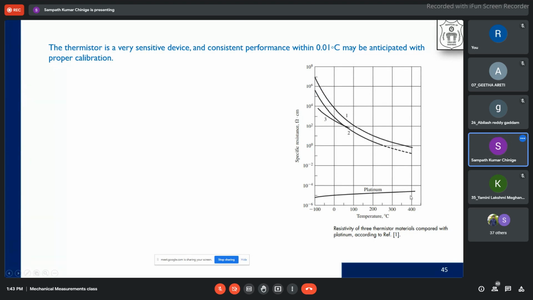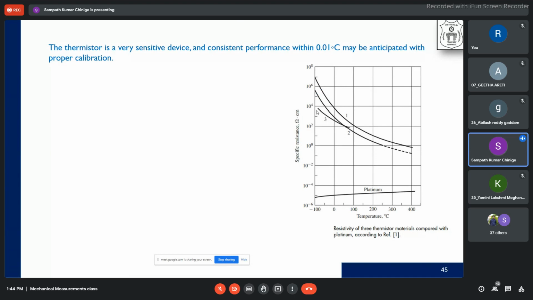Whereas there are certain materials or metals which tend to show a resistance reduction with the increase in temperature. Such materials we call thermistors. So we will use them for thermistors.